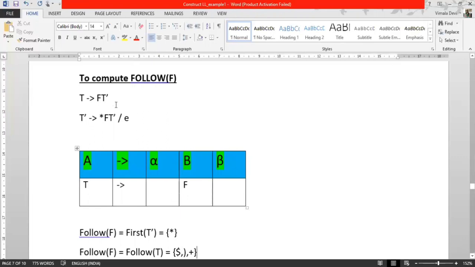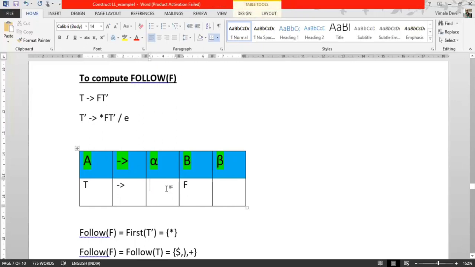Okay, but till now we have explored only the first rule. Let us explore the second rule also. What the second rule says, T' derives, star should appear in the alpha part. This is F and this is T'. Here also I should update it as T'. So what is follow of F? Follow of F is nothing but first of T'. Yeah, we are getting the same rule. But first of T' contains epsilon, so this T' will be removed from the rule.